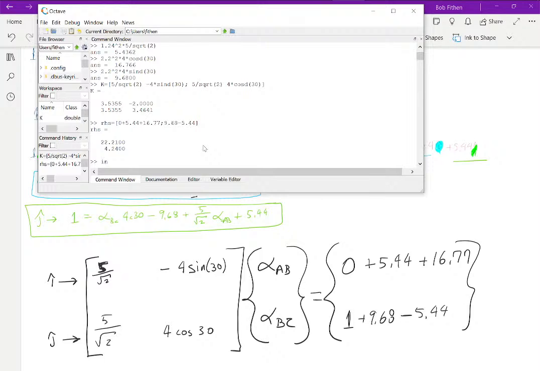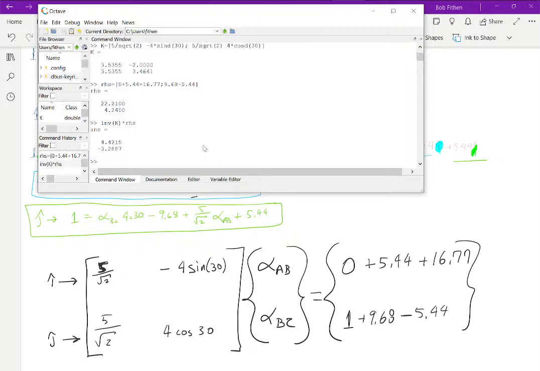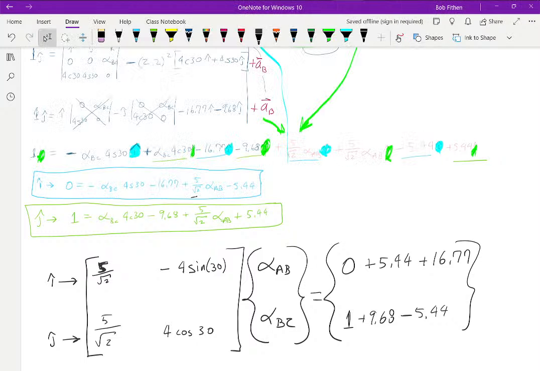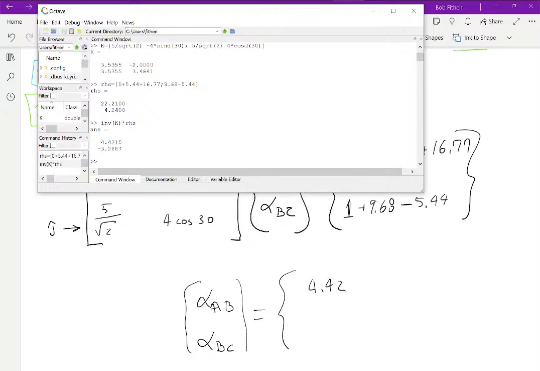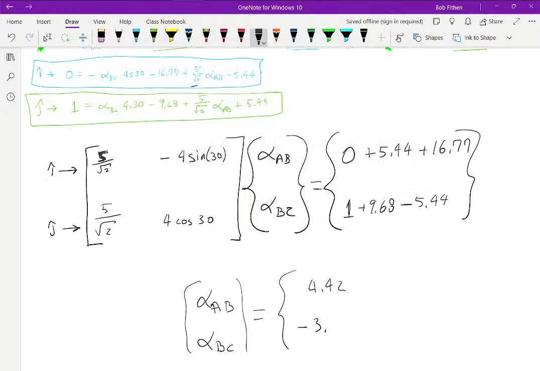So now if I do the inverse of K times the right-hand side, that's your solution. Okay, 4.42 and minus 3.3 roughly.